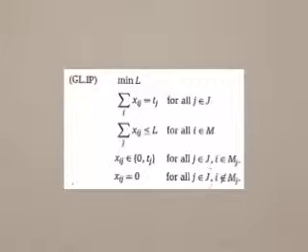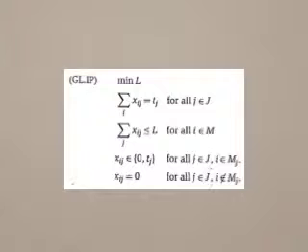GL.IP is the minimization of L such that the summation of x_ij equals t_j, summing over all indices i, for all little j in capital J, and another constraint such that the summation of x_ij, summing over all indices j, is less than or equal to L for all indices i in M. The third group of constraints is x_ij is chosen from the set {0, t_j} for all little j in capital J and little i in capital N_j.